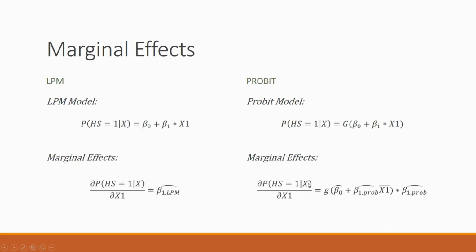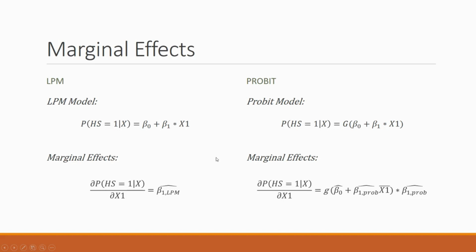The marginal effect is the derivative of the probability with respect to the independent variable. It's going to be beta 1 hat times this function, this lowercase g, the derivative of capital G, this lowercase g function of beta 0 hat plus beta 1 hat times the average value of the independent variable. So when we use a probit model, the marginal effect is not beta 1 hat, but instead it is this whole expression, which I'll show you how we deal with this in Stata in just a moment.